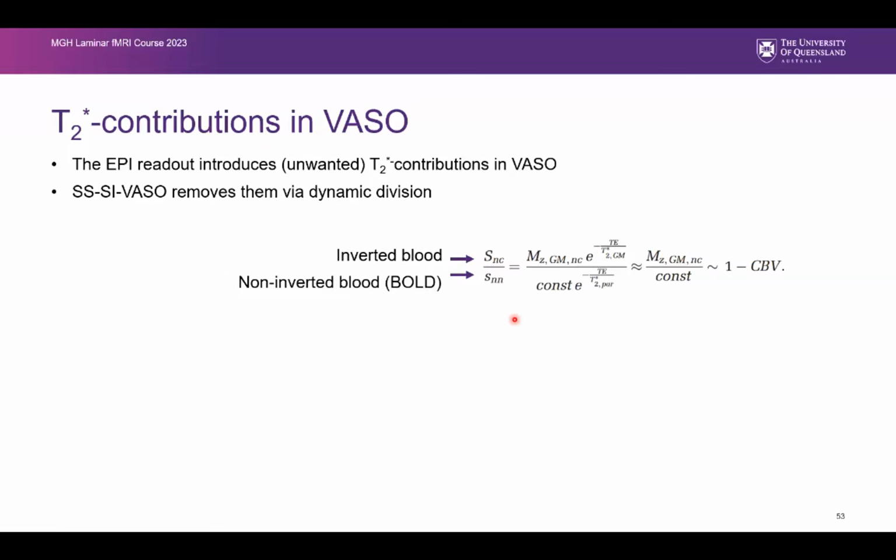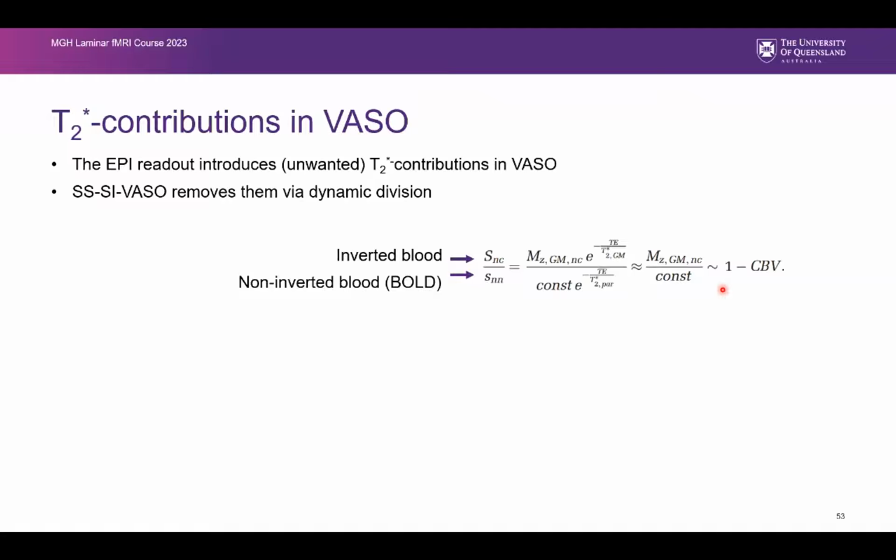And you can make certain approximations and basically say that only in the VASO image, the inverted blood magnetization is sensitive to CBV, and in the non-inverted blood, it's basically constant. Then the T2 star weighting is the same across both, so it cancels out, and your contrast is sensitive to 1 minus CBV.